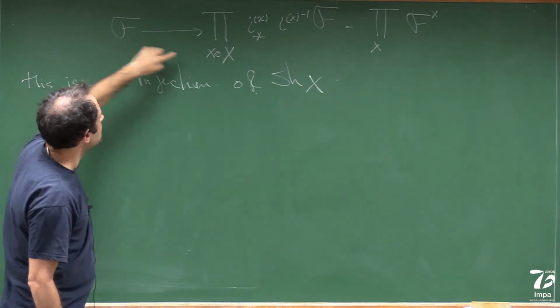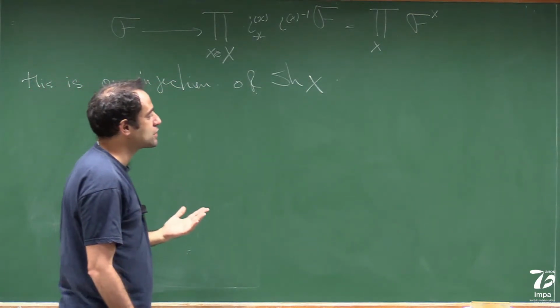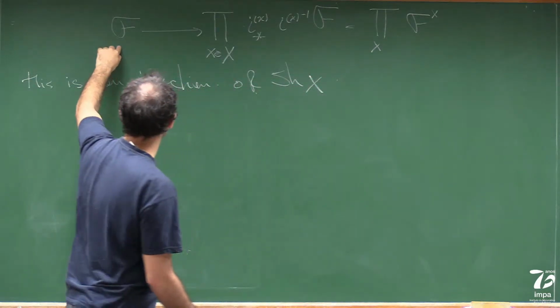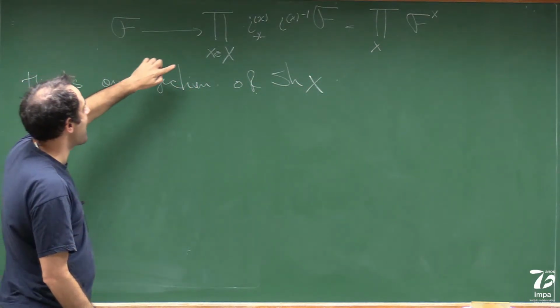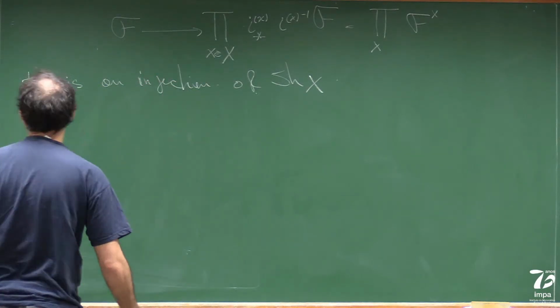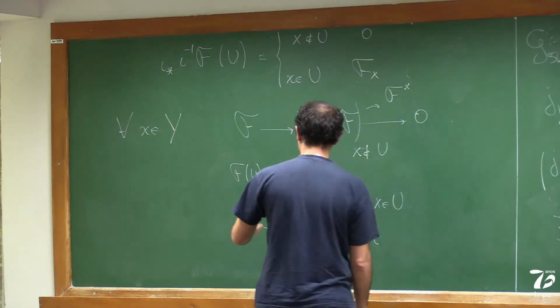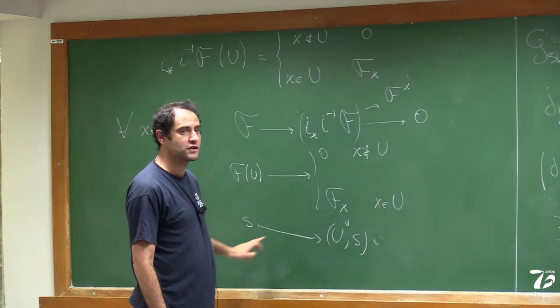But the fact that this map is injective, well, we've seen that injections can be checked now at the level of stalks. So, well, it doesn't matter. If you just grab any section here that goes to 0 there, it means that on every point, the image of your section was 0. So if you have a section whose image on any stalk is 0, then your section was already 0.